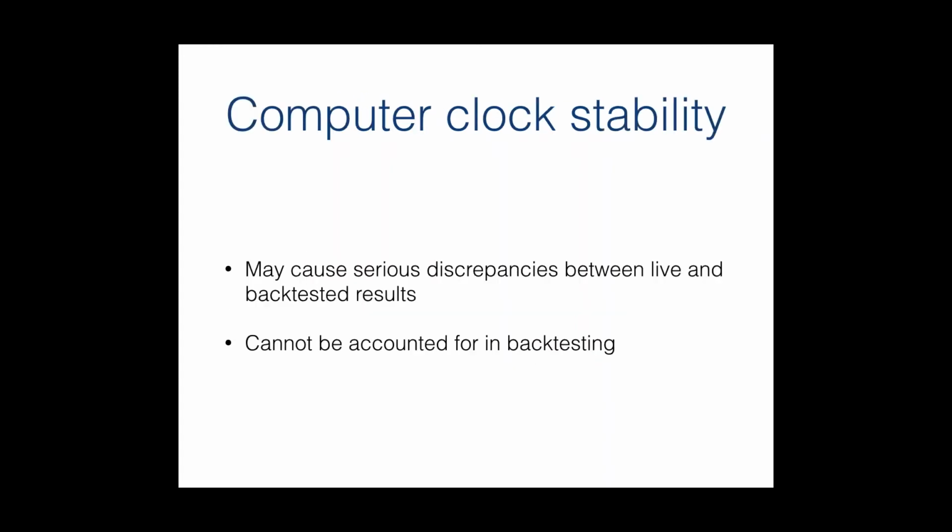Now let's talk about certain issues pertaining to live trading which are very hard to properly account for during backtesting. One of these issues is synchronization of the computer clock with the clock at the exchange. Of course, the best solution in this case is to always use timestamps which come with the data.